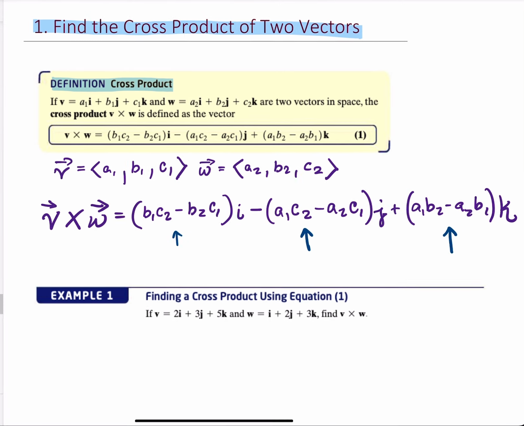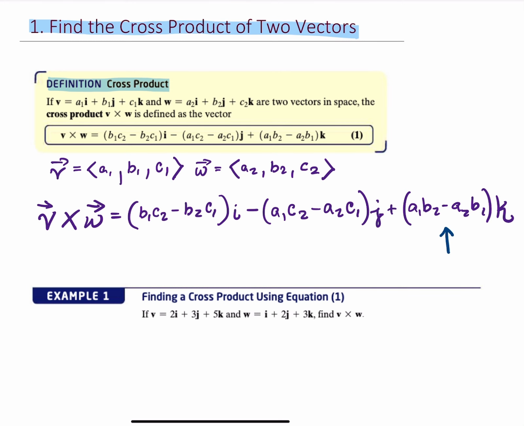We'll see another technique for producing this formula. But first, let's just work with it as it is, and we'll see a little bit on where it's coming from.